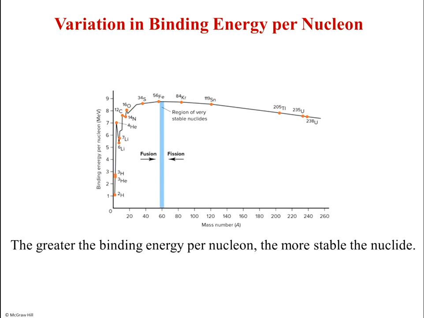That gives us our most stable nuclide. So we see that the greater the binding energy per nucleon, the more stable the nuclide. In this case, our most stable nuclides are pretty close to iron and nickel. Those are the most stable nuclei per nucleon.